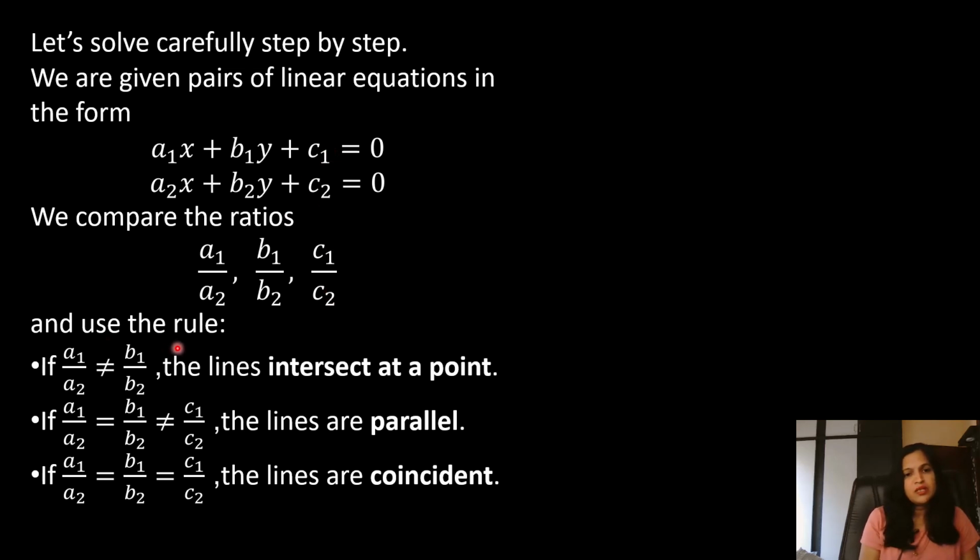Use the rule: if a1 by a2 is not equal to b1 by b2, the lines intersect at a point. That common point gives the roots of those two lines. If a1 by a2 equal to b1 by b2, not equal to c1 by c2, the lines are parallel. They will never intersect; you will not get a point of intersection. If a1 by a2 equal to b1 by b2 equal to c1 by c2, the lines are coincident.